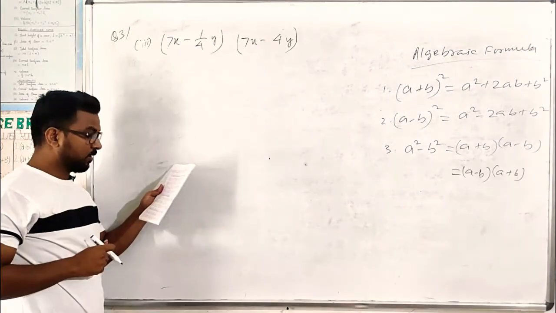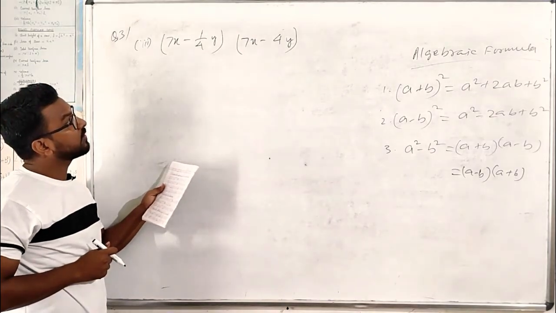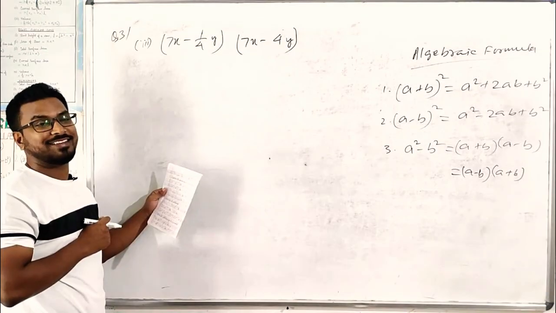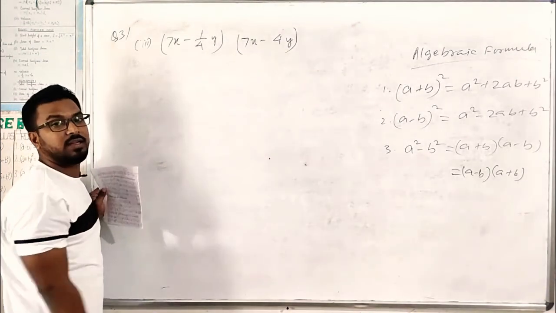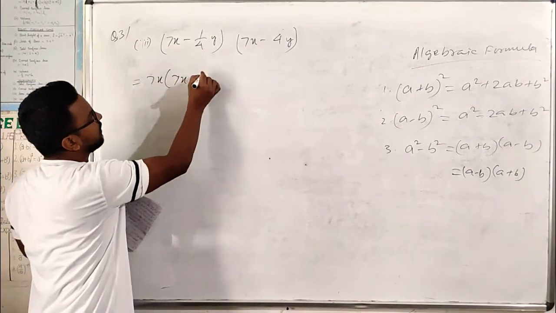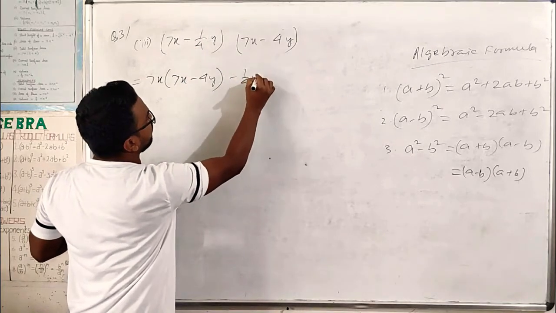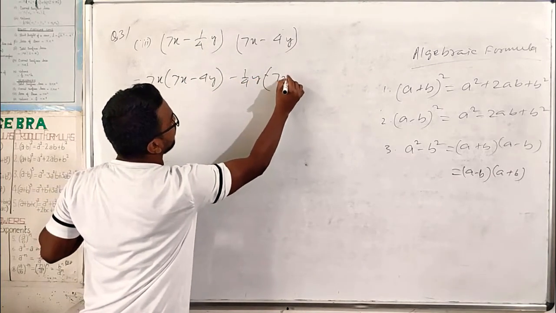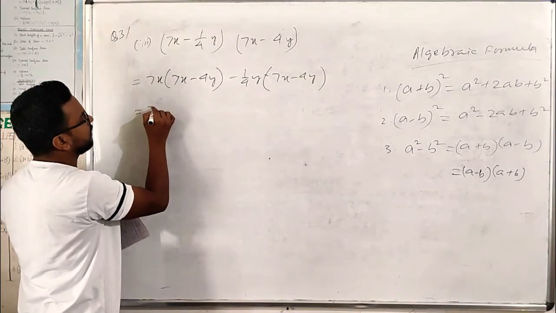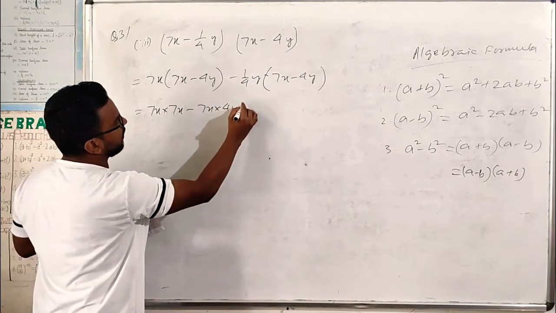Fine. So our next question is given, 7x minus 1 by 4y into 7x minus 4y. Okay, so it does not follow any formula, right? So what we'll do, we'll do it by direct multiplication method. So 7x into 7x minus 4y, then what is left, minus 1 by 4y into 7x minus 4y. So if you multiply this one, you can write as 7x into 7x minus 7x into 4y.